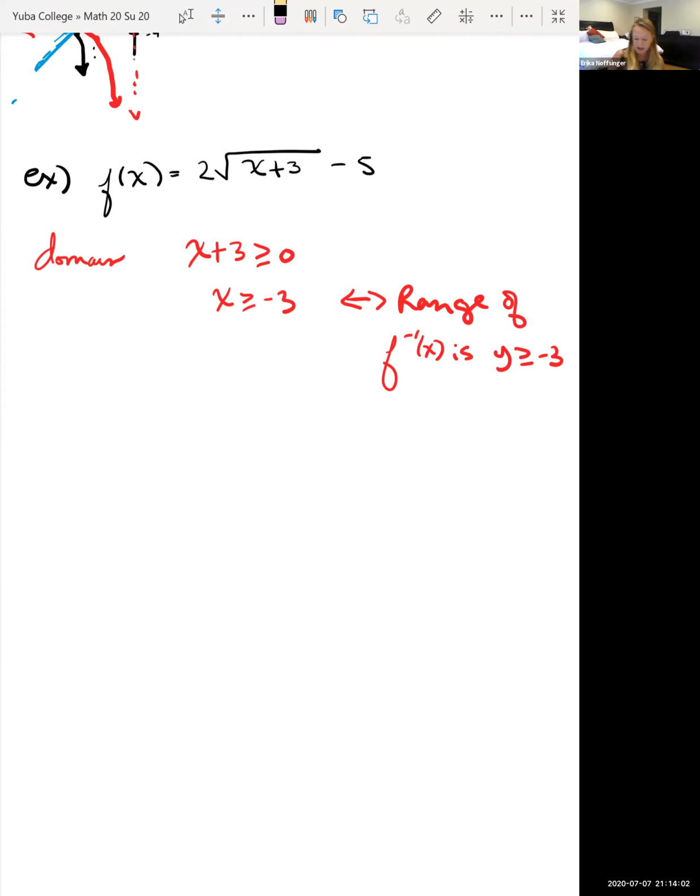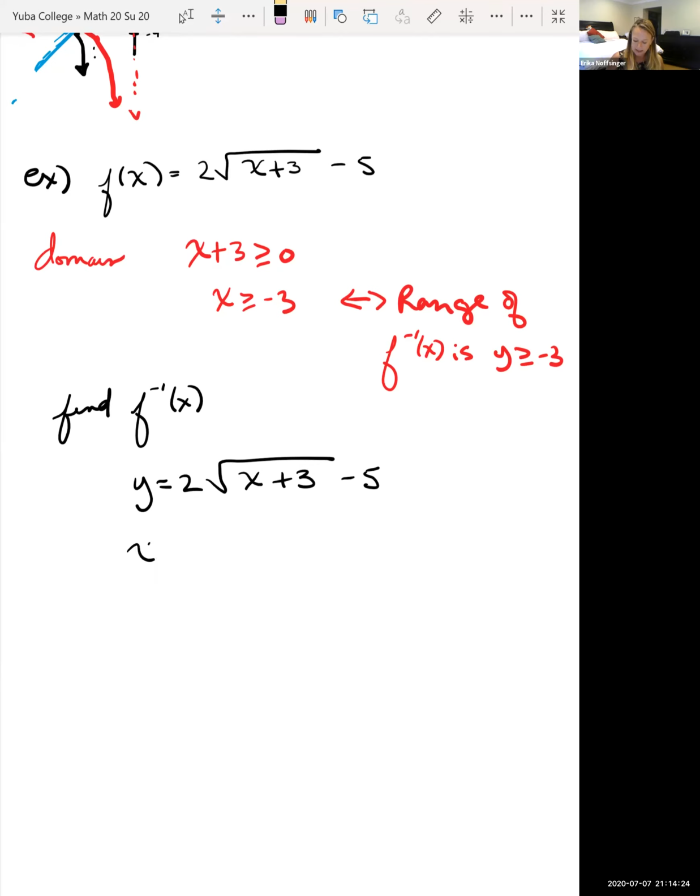Okay, so to find f inverse of x, we're going to rewrite our function as y equals 2 square root of x plus 3, and then outside of the radical -5. We're going to swap our x and y values.